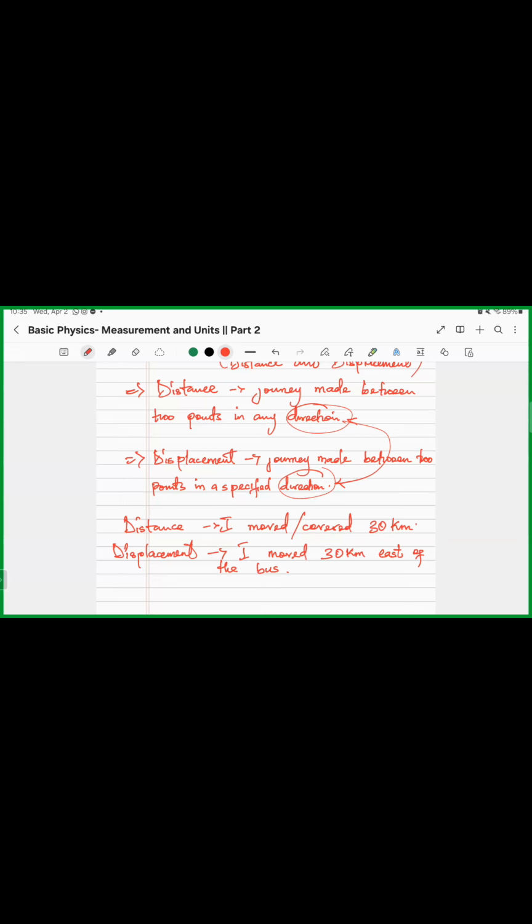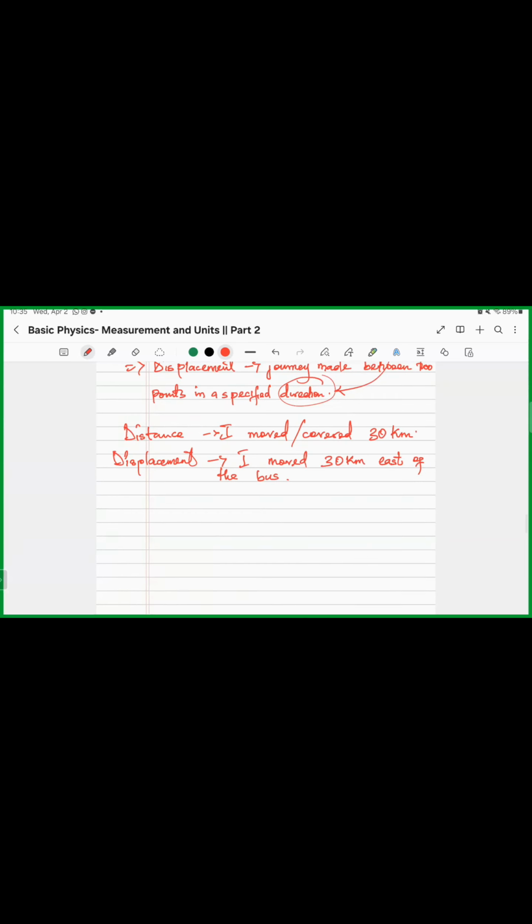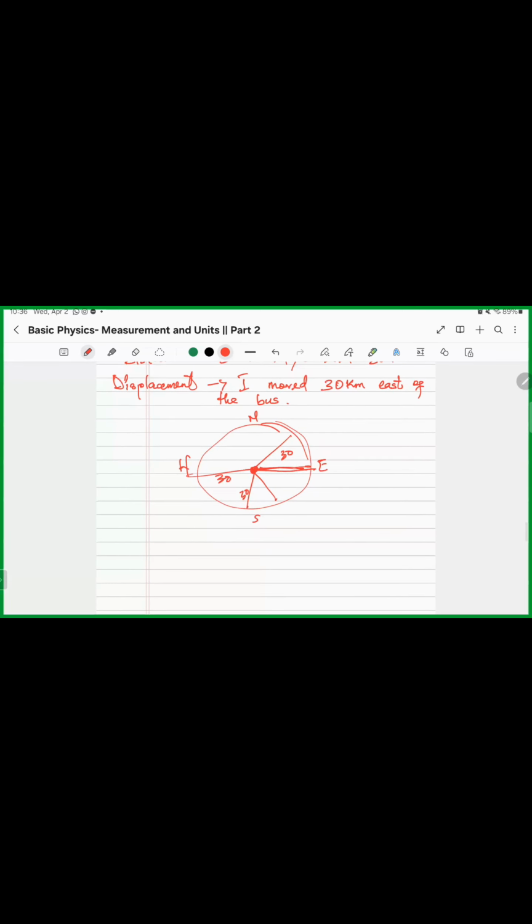If I told somebody I moved 30 kilometers, let's say from the center of somewhere, the radius is 30 kilometers, so if you don't specify, anybody can cover these 30 kilometers anyhow. But if this is a bus, and I say I moved 30 kilometers east of the bus, and we define the coordinates north, south, west, east arbitrarily, then you move like this. That's specific. So that established that discussion.